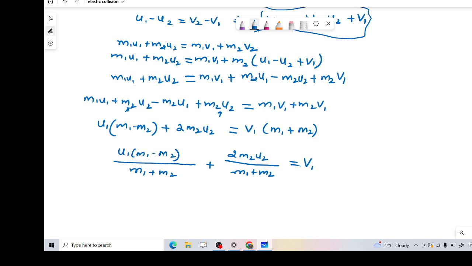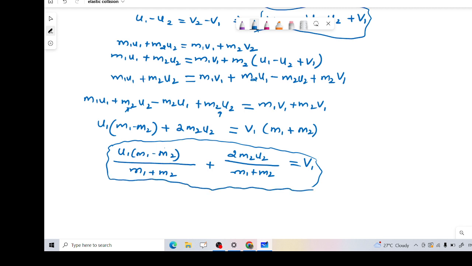This v1 depends on the mass of the first object, the mass of the second object, the initial velocity of the first object and the initial velocity of the second object. This is the main equation to find the velocity of the first object after collision, and we need to follow the same procedure to find the velocity of the second object.